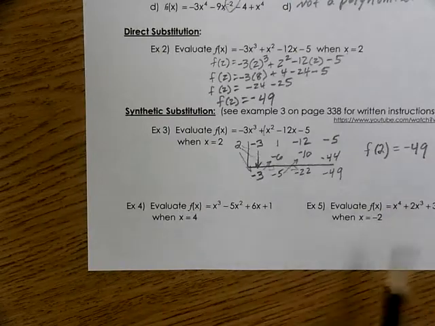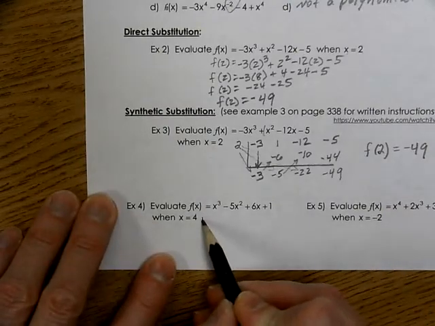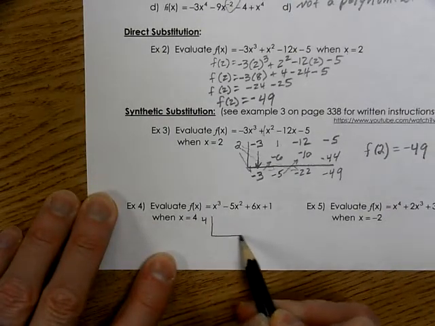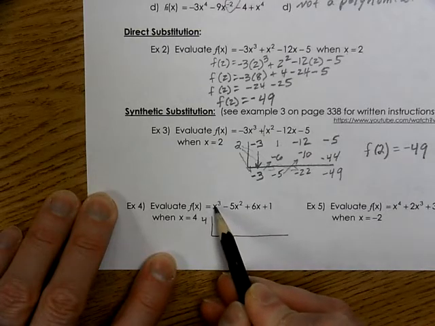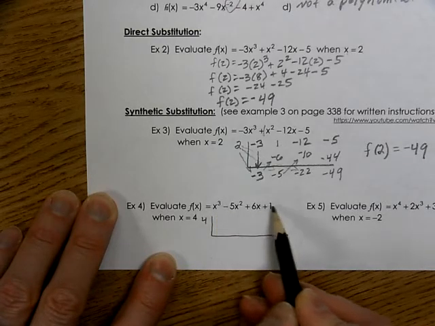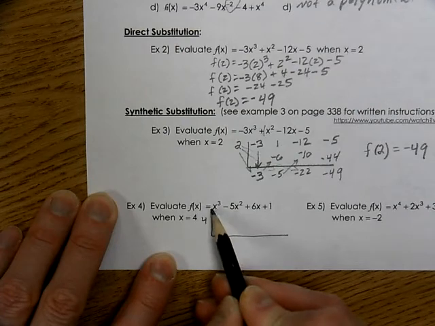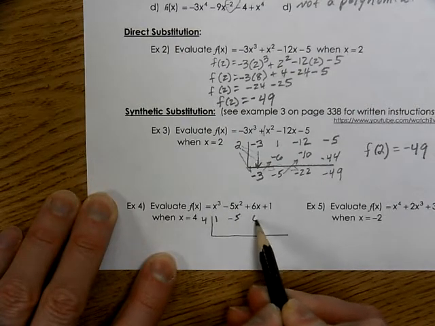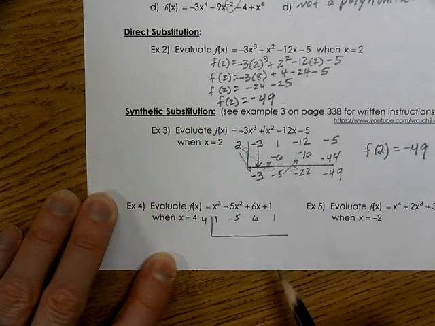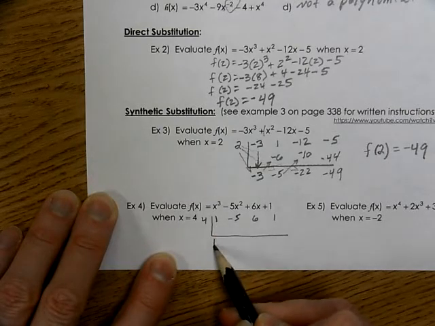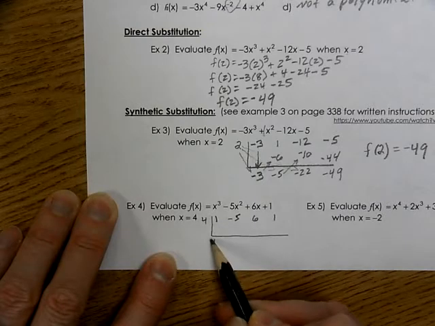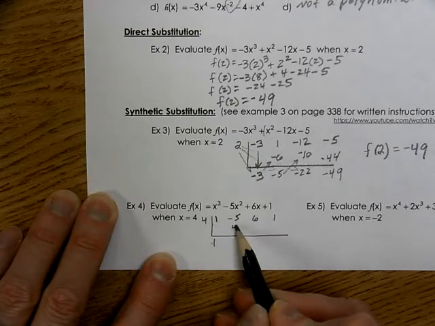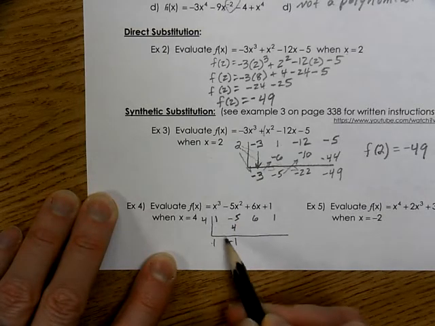So we can practice this a few more times. We're going to take our 4. Our x cubed is the largest exponent, so it has a 1 in front of it. And then a negative 5, then a 6, then a 1. You always drop that down, multiply, and add them together.